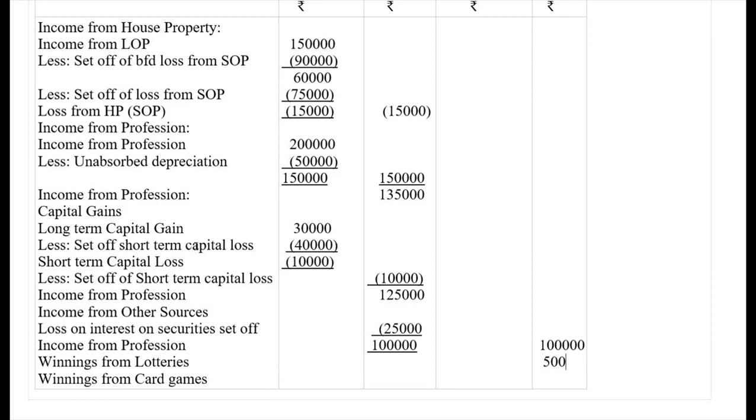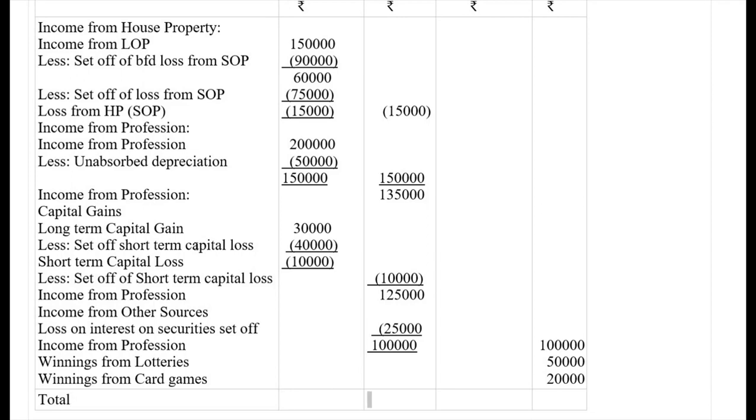Similarly, card games rupees 20,000. So now let's take the total here.